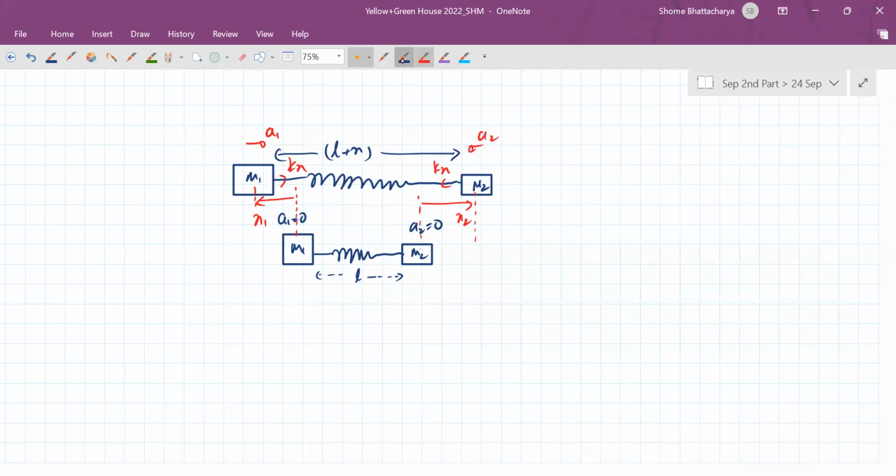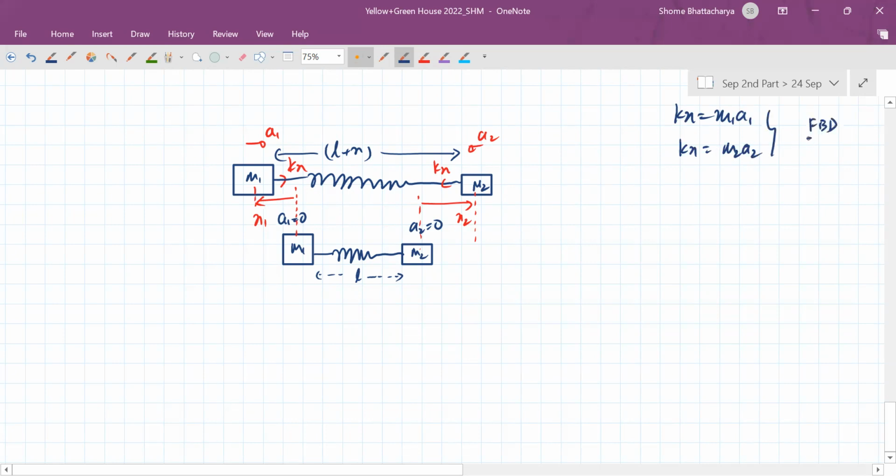So we've seen that these are the FBD equations. Then these are the constraint relations from center of mass concept.